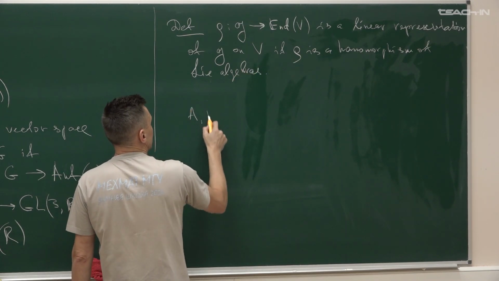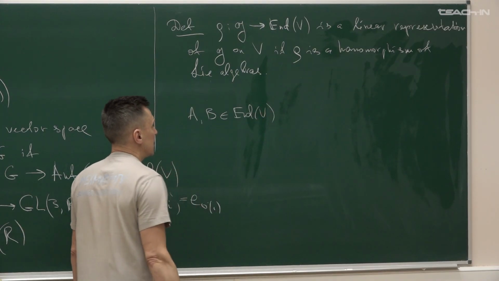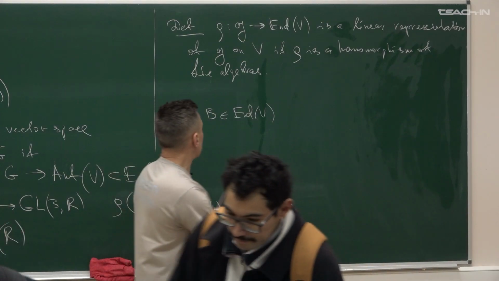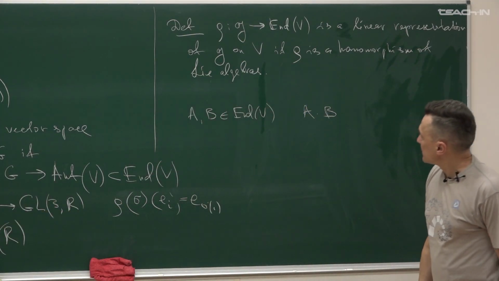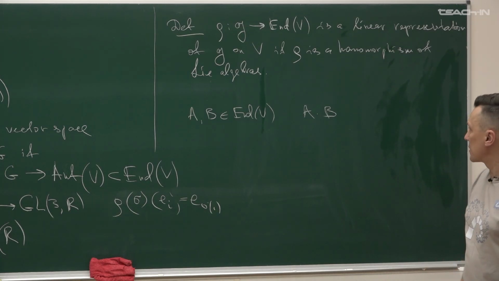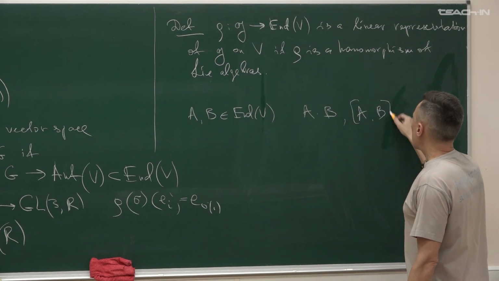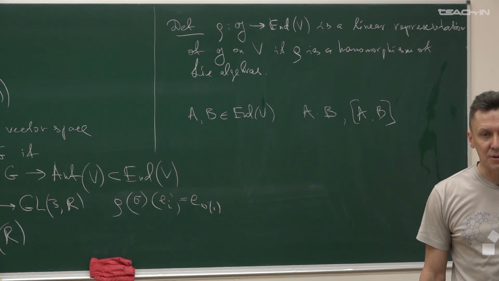So if A and B are elements of End V, just linear operators, we can consider the multiplication as linear maps. But we can also consider the commutator, and it gives us a Lie algebra structure on the same linear space.